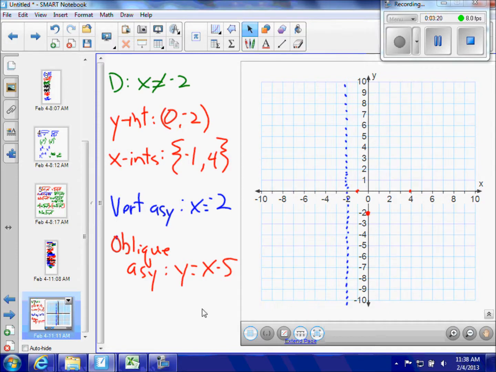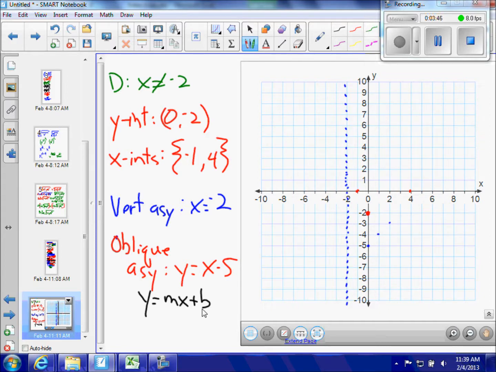Well, don't forget, it's just a linear equation in the form of y equals mx plus b. So, I'm going to draw this in blue, our b, our y-intercept of our oblique asymptote is negative 5. And we have a slope of 1, so that means over 1, up 1.